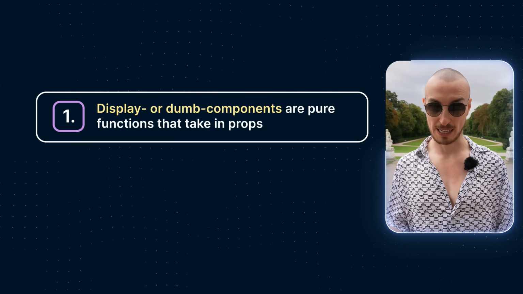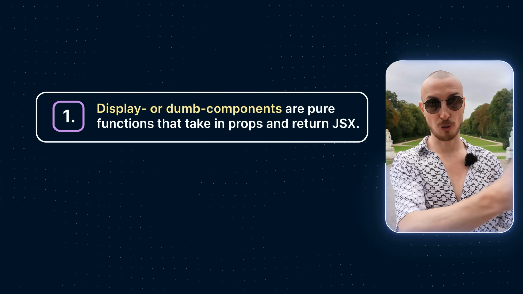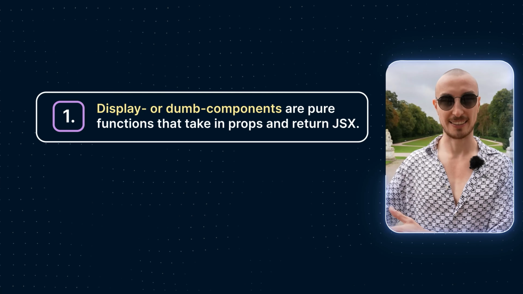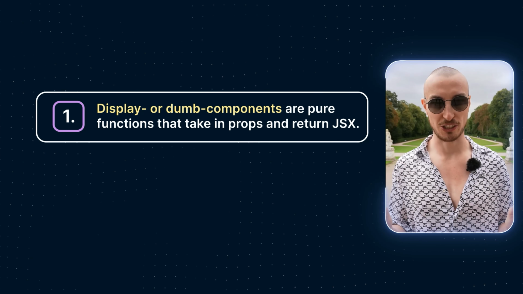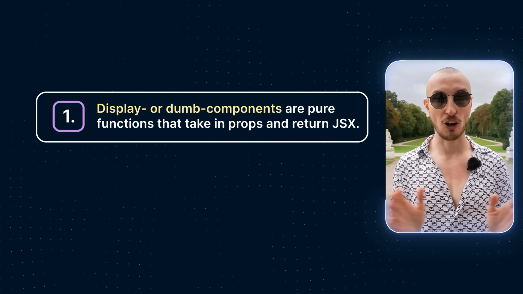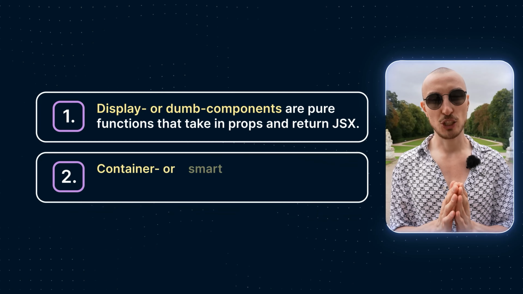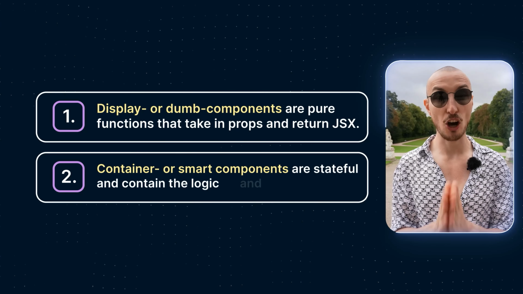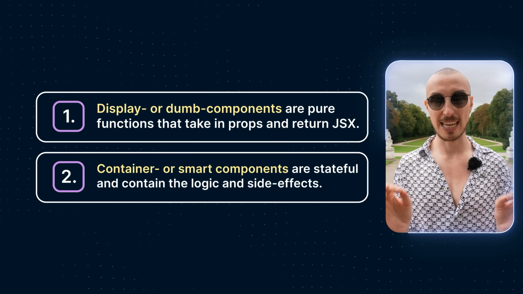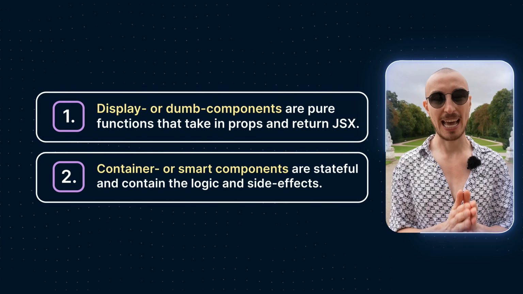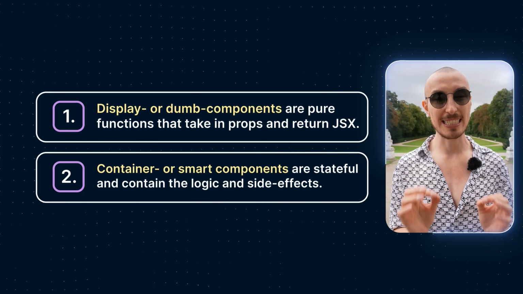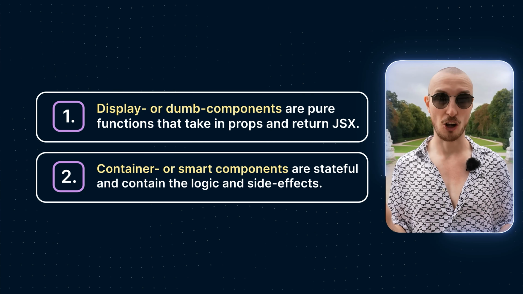First, you've got your display component, which just takes props and returns JSX. So all display components are pure functions. They do not contain any logic or side effects apart from simple ternaries and mappings. And then you've got your container component, which contains all of the logic and your hooks and your states and your useEffects, right? And they also contain very little JSX, if any at all.